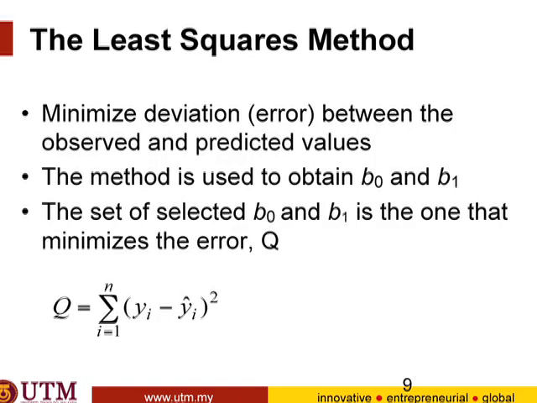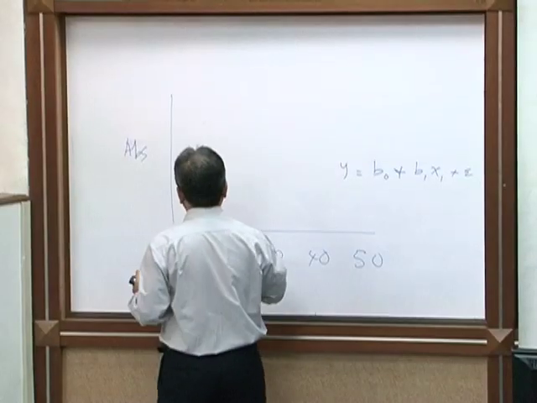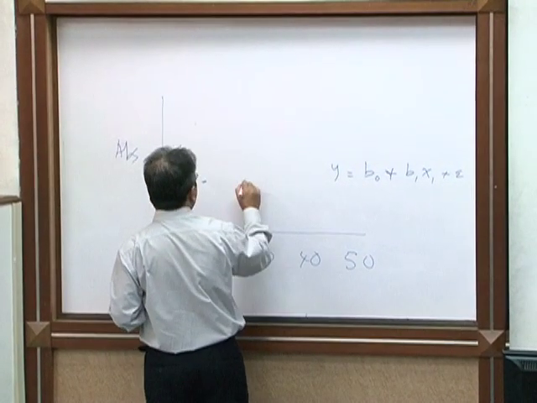How do we do that by using the computer method? If we look at the line again, let's have some points here.